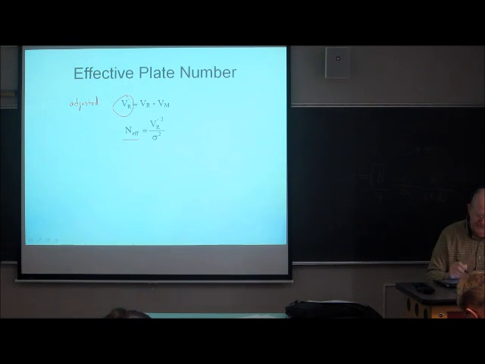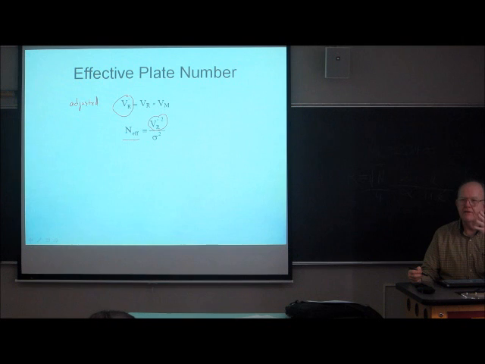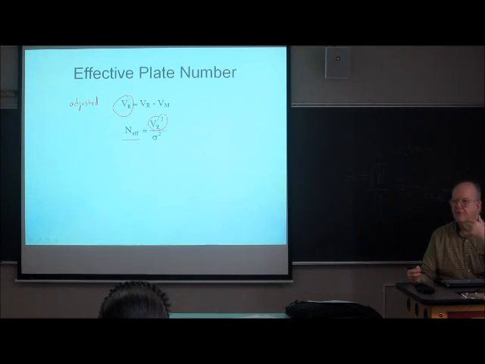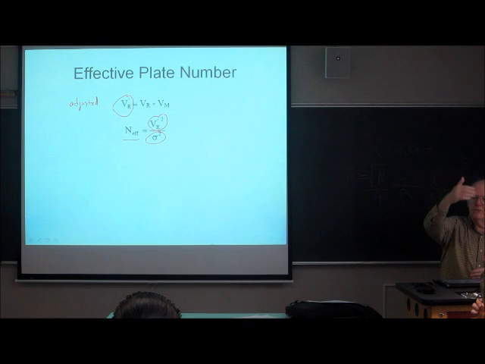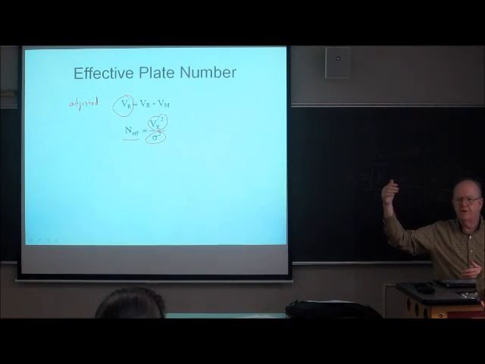So the effective plate count is defined as the square of the adjusted retention volume or retention time divided by the measured variance of the peak. The measured variance of the peak you could estimate, if it was a Gaussian peak, from the measured half-width of the peak, or in any of a number of other ways. But that's the same number whether you calculate based upon VR or VR prime.